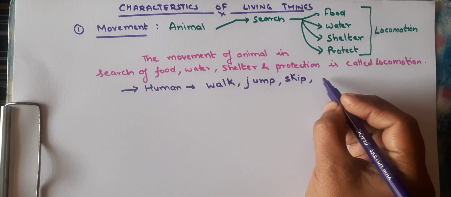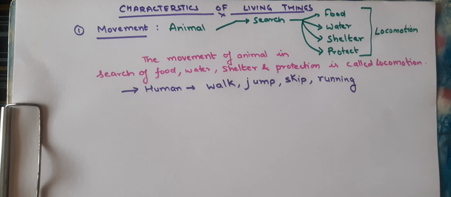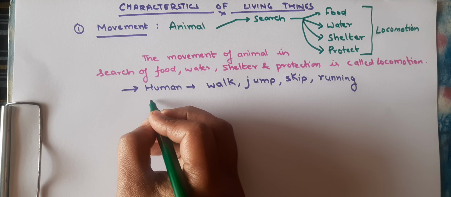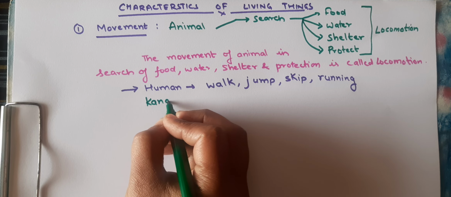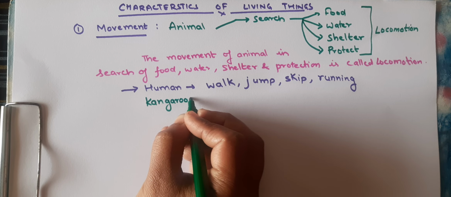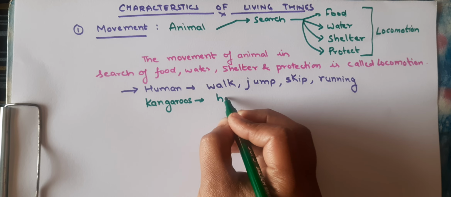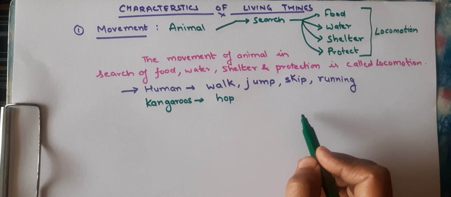If there is danger, we also run. Okay, so this kind of movement we show. Now let's take the example of kangaroos. So kangaroos will hop. They don't run, they just jump from one place to another.